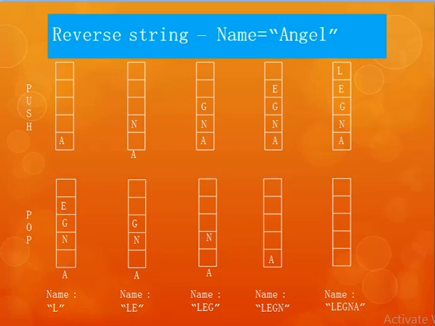Same thing, if we perform the pop operation, that means removing an element from the stack, ultimately we'll get the reversed string. For example, if I perform the pop operation on these elements A, N, G, E, L, L is at the top of the stack, so we have to remove that element first.